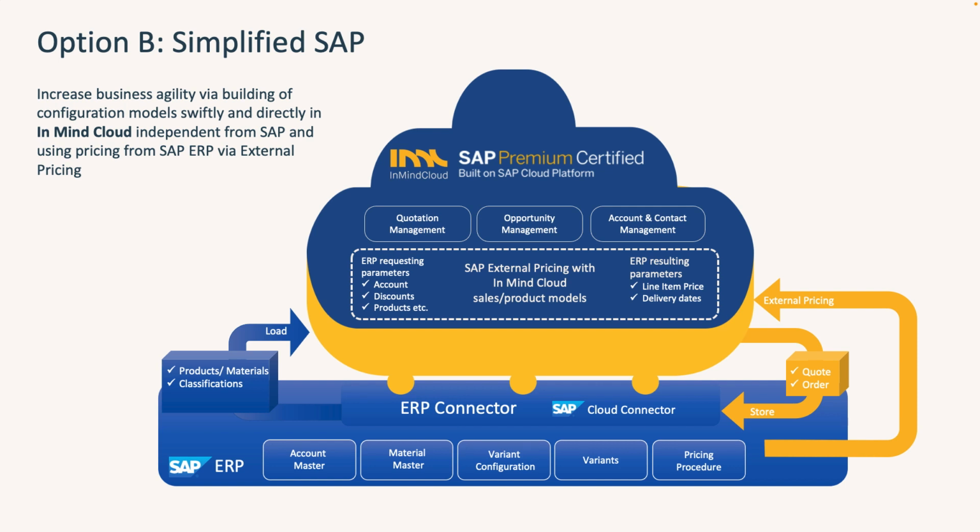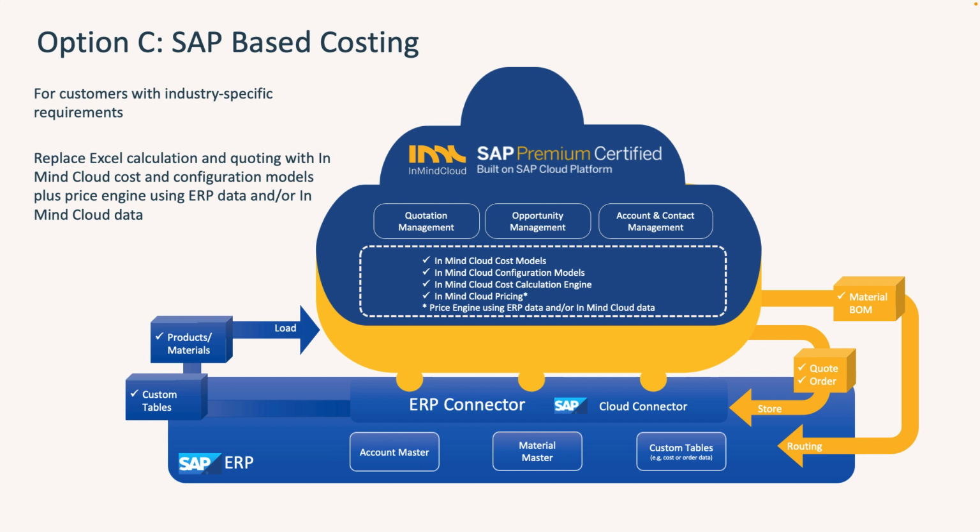So we would then use for pricing order simulation in SAP. And the third option is that we replicate cost or price tables from ERP and build on top. So that's often used for engineering project kind of calculations, or contract manufacturing to calculate the cost and price of a part.